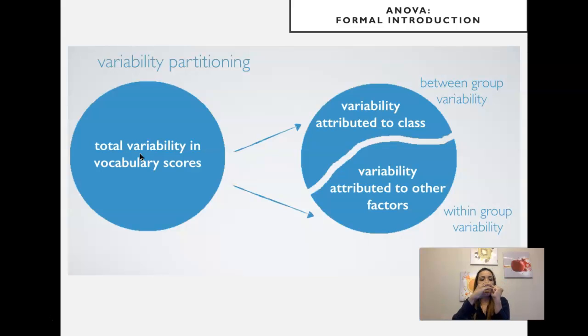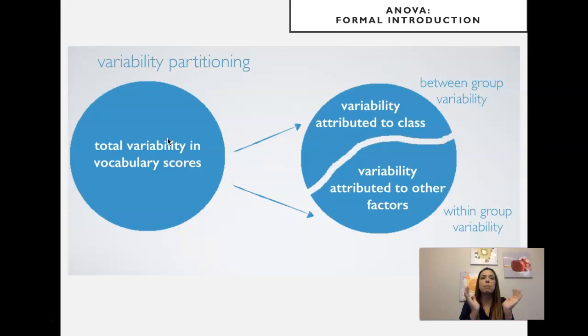But the more variation around that overall mean the scores have, the more room I have to bring in other factors to explain that variation, right? Why am I having so much spread around the mean? What can explain that? So we have this total variability bucket.